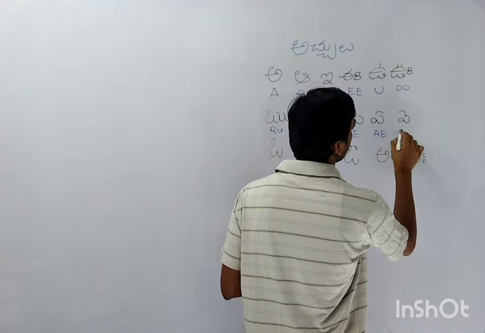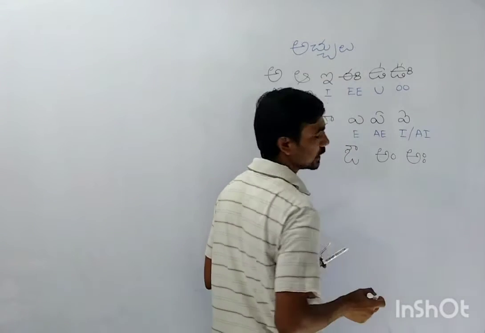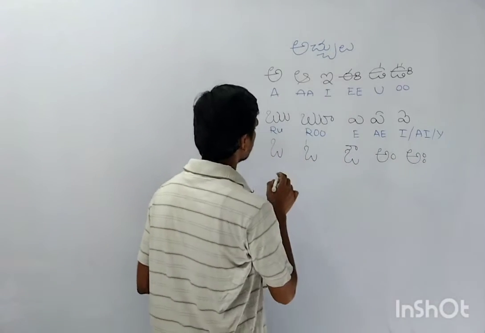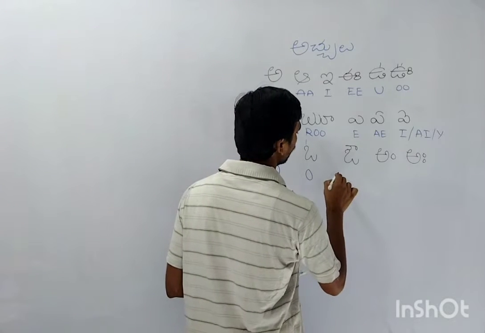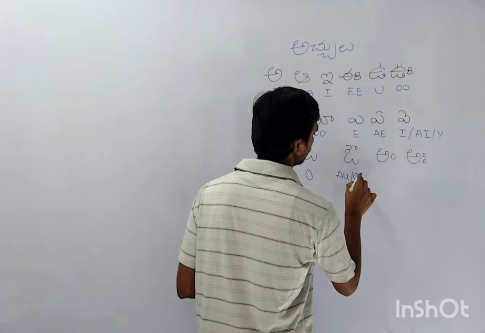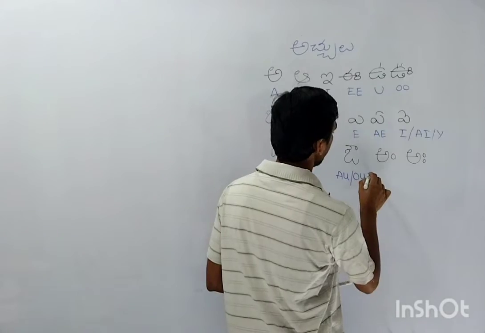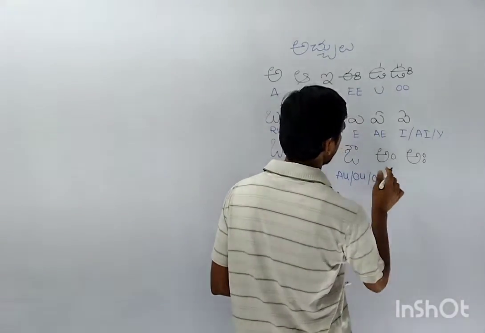I, only I or else A-I. I, okay? Or else you can write Y also. So O, the sound should be O. O, same. Ow. A-U, O-U. Ow, or else you can write OW also.